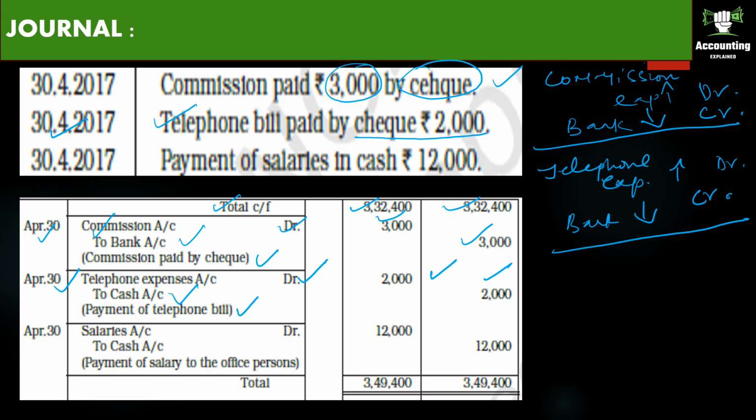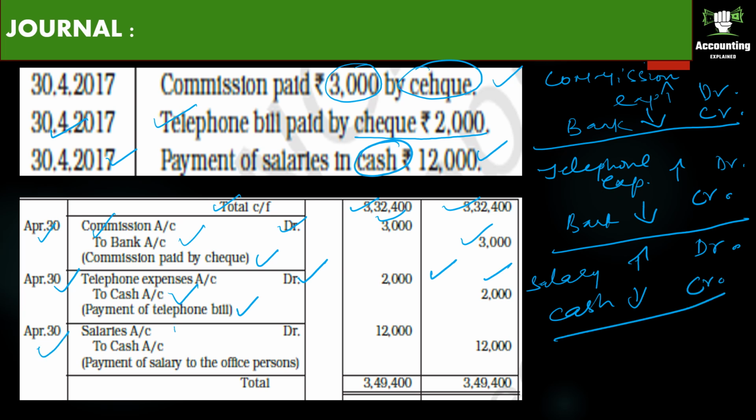Last transaction is 30/4/2017, payment of salaries in cash rupees 12,000. Again, salary is an expense, right? So when the expense increases, what do we have to do? We have to debit. We have paid in cash now, so cash balance decreases, asset decreases, so we have to credit cash.